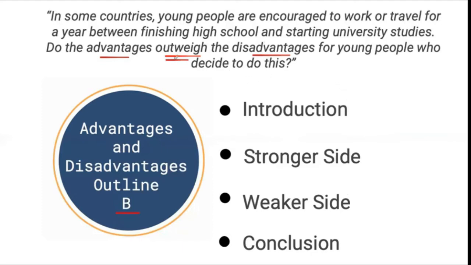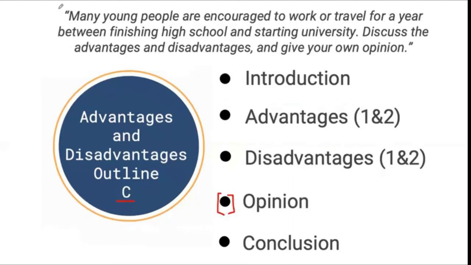If you find that it's easier to write about the advantages outweighing the disadvantages, go ahead and go down that road. In general, I would suggest that you stick with what you find to be the easier option. So your opinions are included here, but outline C is really the opinion type of essay because you have a space in a paragraph that is designated for your opinion.